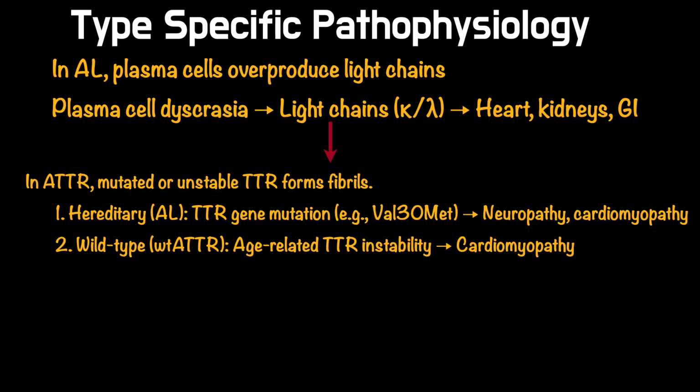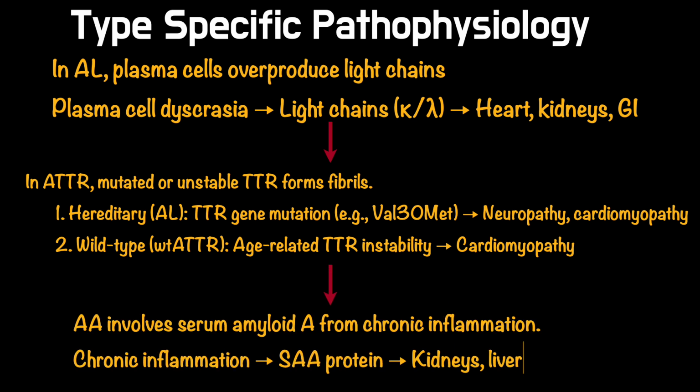And in wild type ATTR, there is age related TTR instability causing cardiomyopathy, right? The last one is AA, which involves serum amyloid A from chronic inflammation like rheumatoid arthritis. I had talked about it earlier. It is related with SAA protein, and deposition occurs in kidneys and liver causing nephrotic syndrome, renal enlargement, hepatomegaly or liver failure, right? So these are the type specific pathophysiology.